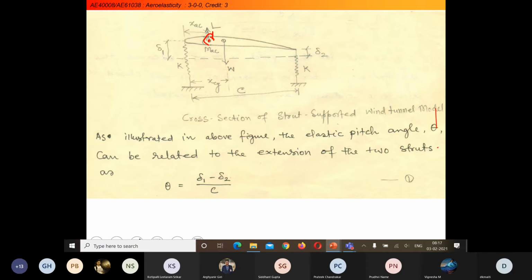So theta, the additional angle of attack due to flexibility of these springs, we can calculate as delta 1 minus delta 2 by C.